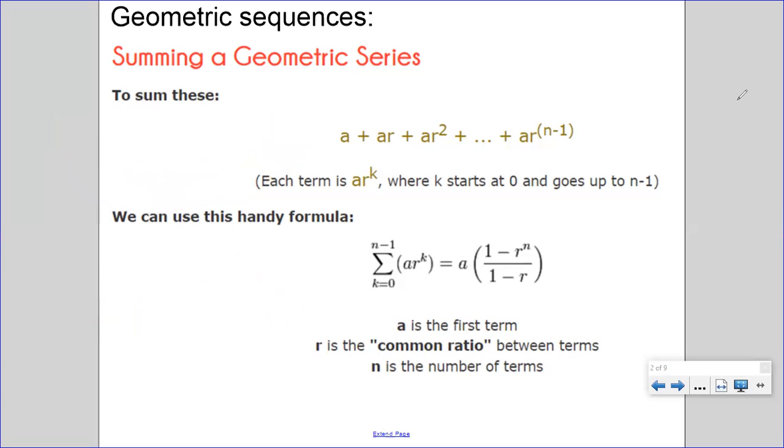Now technically you learned this back in Math 1, but I know it's been a hot minute since you've been dealing with this. But someone tell me, what is the difference between sequence and series?